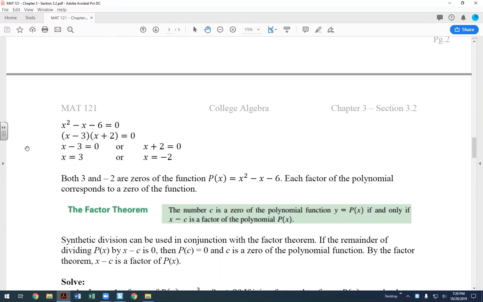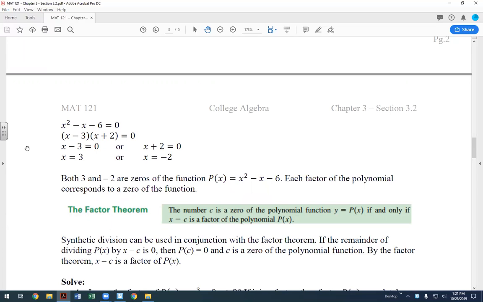So your factor theorem is saying the number c is a 0 of the polynomial function y equals p of x if and only if x minus c is a factor. So what this theorem is saying, that if I take this number 3, put it into my polynomial and I end up getting a 0, that means that 3 is actually coming from a factor of the polynomial itself, which is coming from x minus 3.